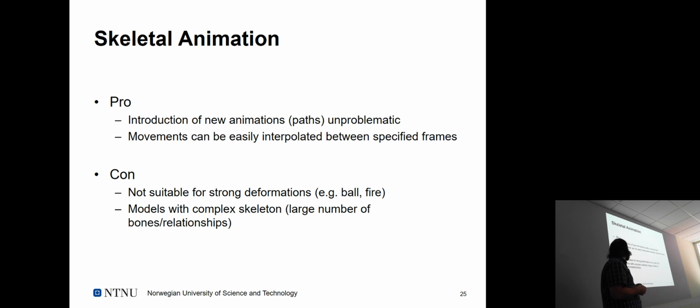Also, a skeleton doesn't make sense for very elastic or deforming objects, for example a ball, or a phenomenon like fire, because they deform a lot and these bones are simply not static. The entire shape and representation of the object changes. For those kinds of things, a keyframe approach that looks very primitive could actually perform better.